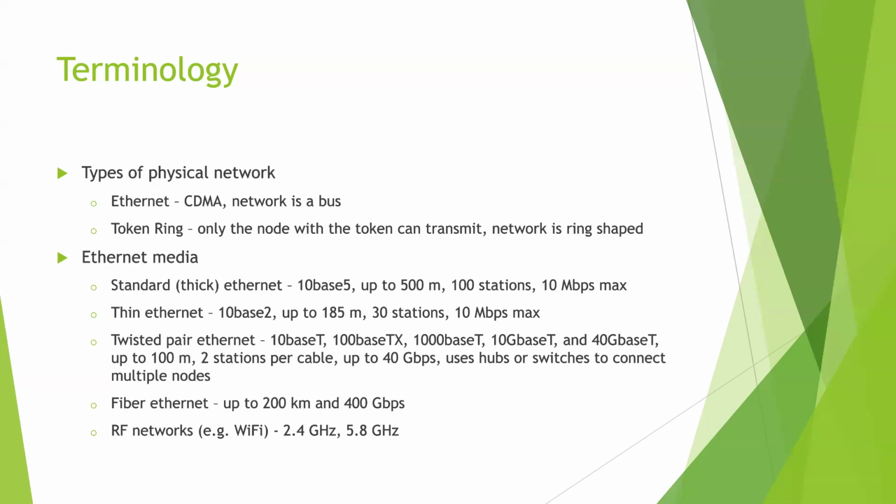There have been advancements with twisted pair Ethernet over the years. 100BaseTX would do 100 megabits per second. 1000BaseT would do a gigabit per second. 10GBaseT will do 10 gig per second, and up to 40GBaseT will do 40 gig per second on twisted pair lines, which is pretty freaking amazing to see that much traffic going through.